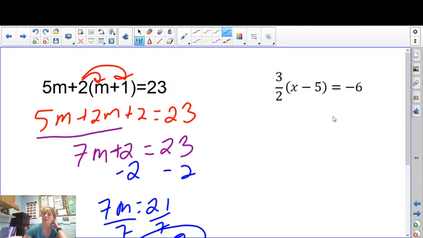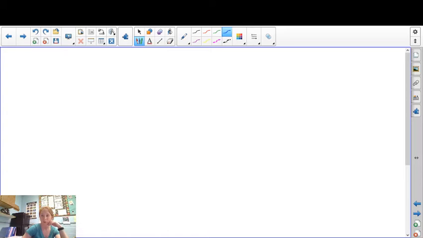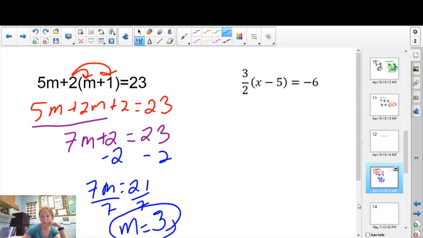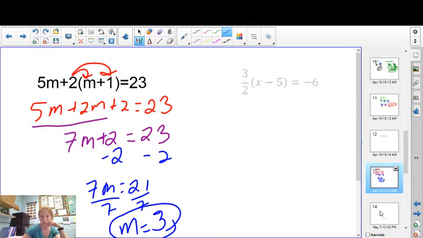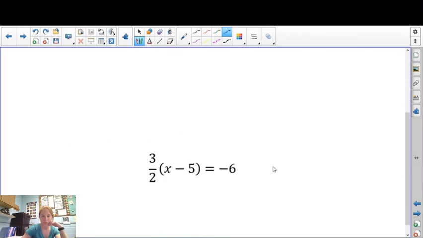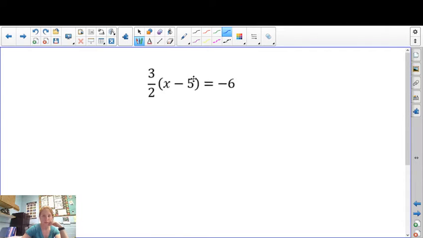Okay, the next problem, there's a couple different ways to tackle it. They're all the same. It'll get you exactly the same answer. I'm actually going to put it on its own slide so I can show you all of the different ways that it is possible to be done, because I really like this problem for this exact reason. I meant to separate it, and I don't know why I didn't.